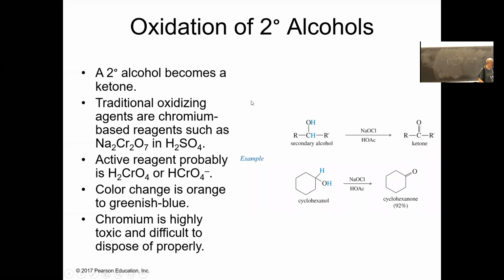Secondary alcohol becomes a ketone, and there are various ways we can do this. One way is to use chromium reagents, high valent chromium reagents, such as sodium dichromate or chromic acid. When you combine sodium dichromate with sulfuric acid, the active agent is probably chromic acid.